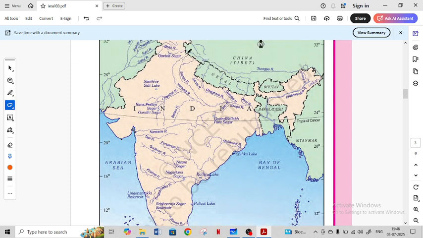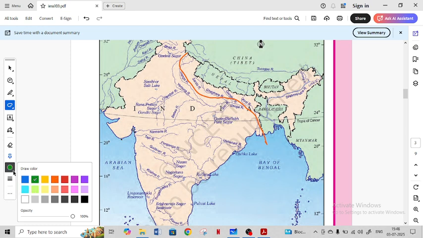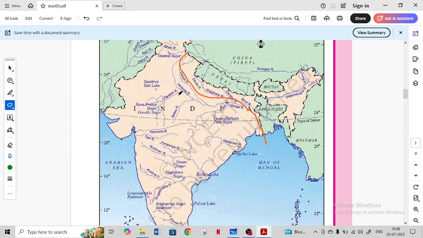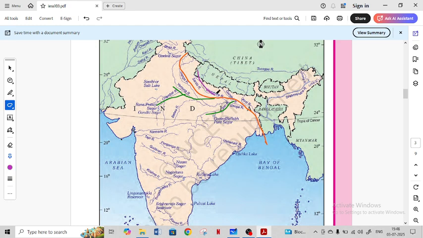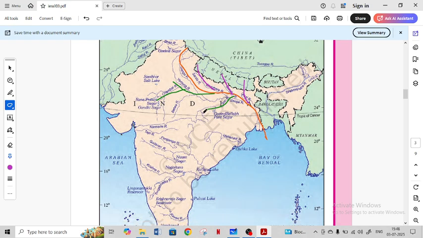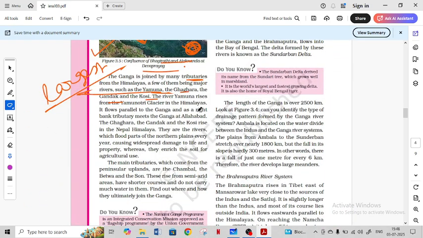The Ganga is coming this way and moving towards the Bay of Bengal. The right bank tributaries are Yamuna, Son, and Chambal. The left bank tributaries are Ghagra, Gandak, and Kosi. Clear? Then let's move on.